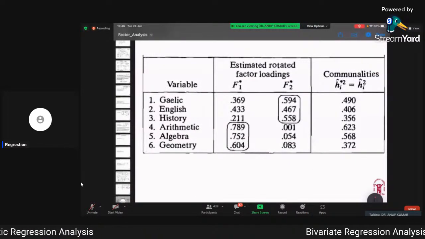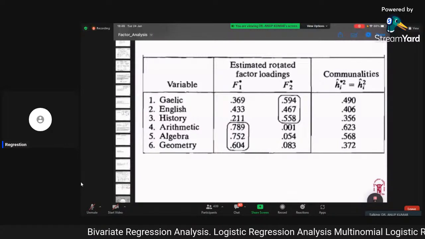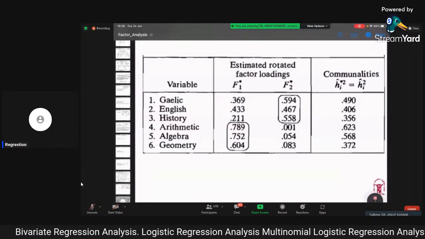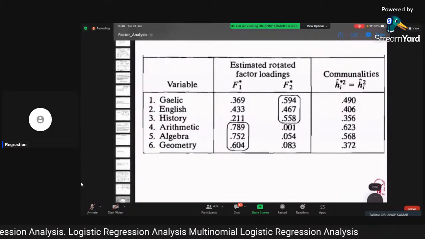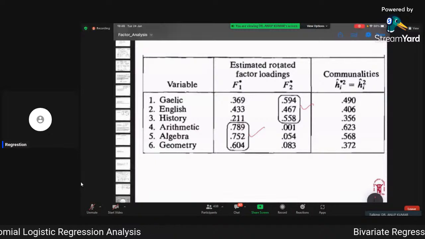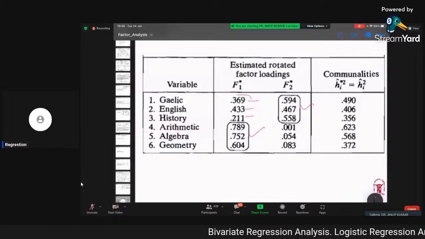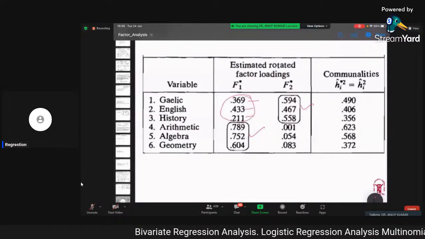This is termed as factor rotation, and because of this, the values of these factors will somewhat change, and you can find that this is far better.